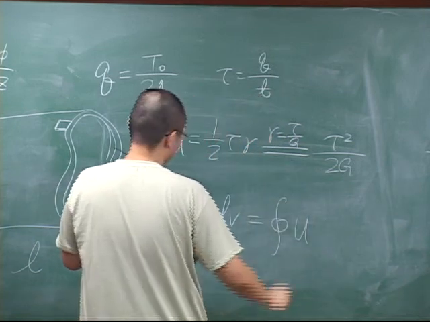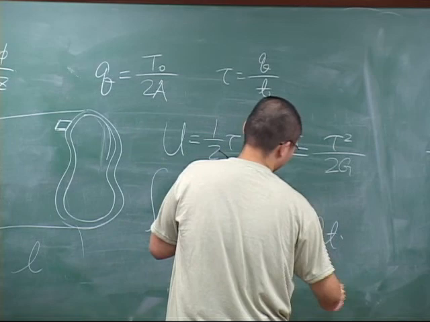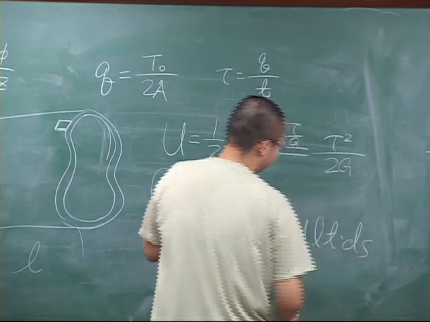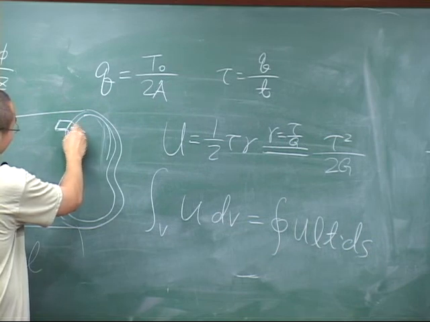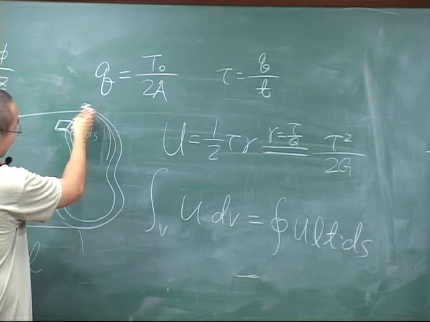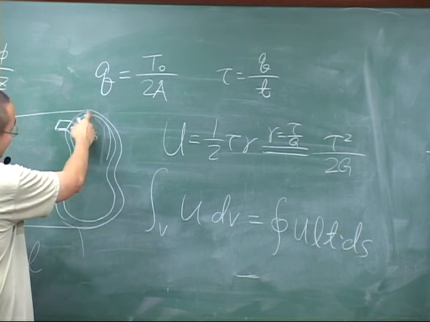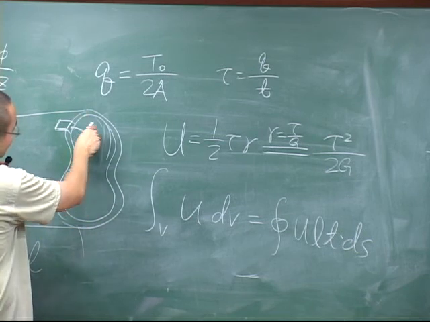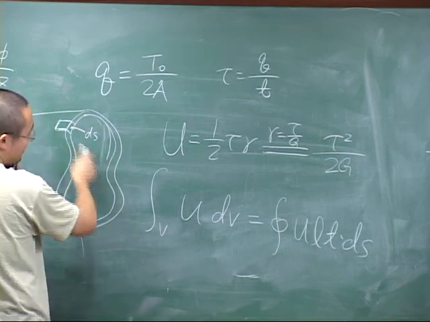What is dV? dV is L times the thickness times the arc length, ds, right? And we want to know the area of this region. Then we take the integral of ds over the whole region, times the thickness t.